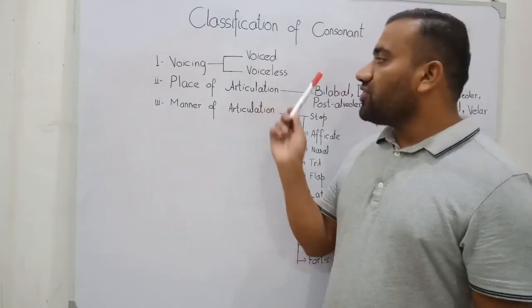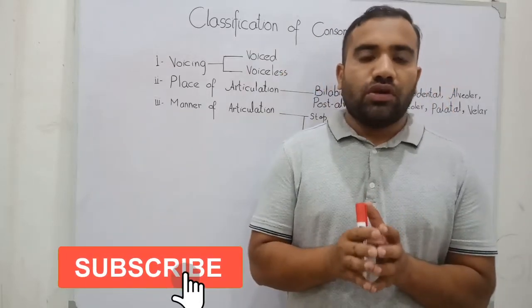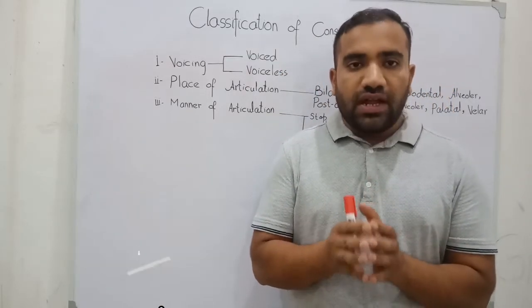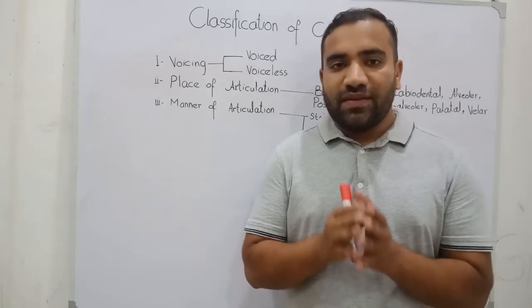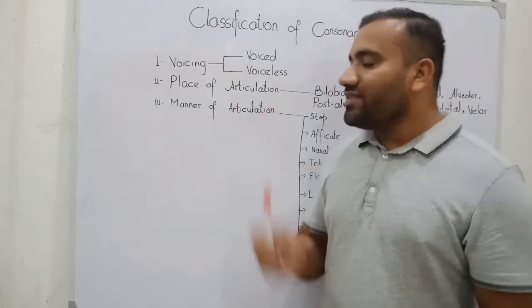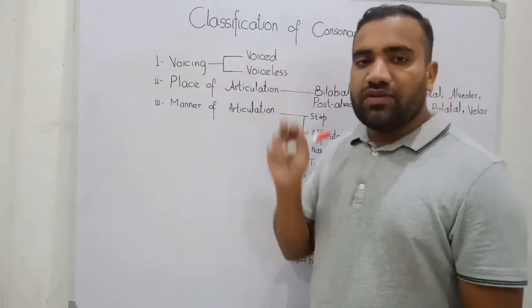The second is voiceless sounds. If you produce the sound and your vocal cords are not vibrated, this sound is called a voiceless sound. This is the first type of classification.